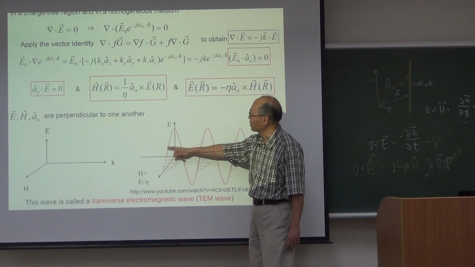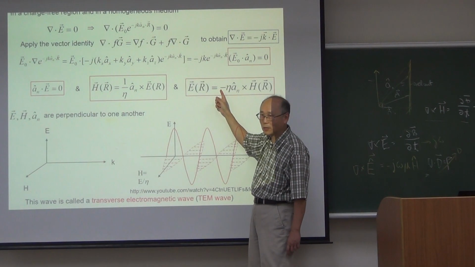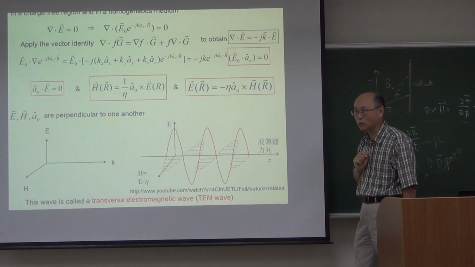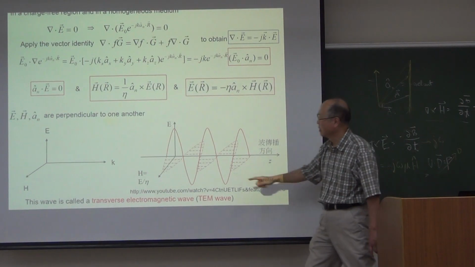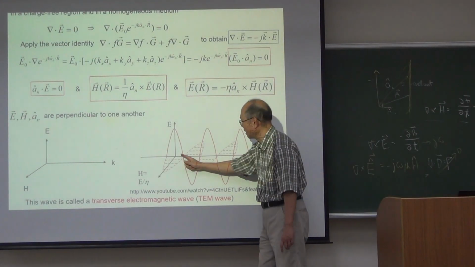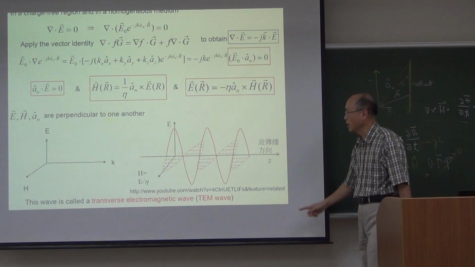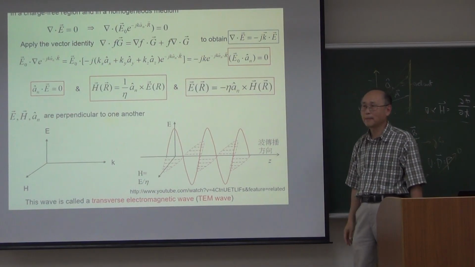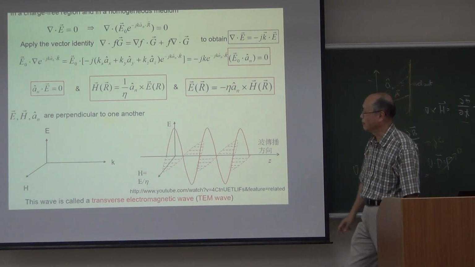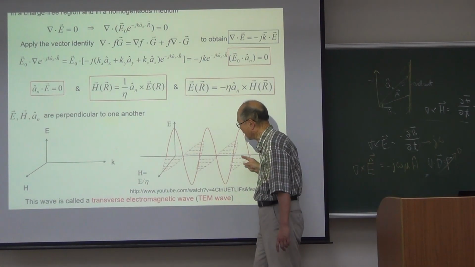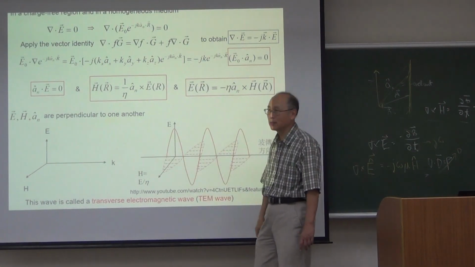Electric field, because we are using phasor notation, so we know that it is oscillating sinusoidally, okay, along this direction, and then we have oscillation of the magnetic field along this direction, and it's propagating along some direction. But if you flip the direction of E and H, then K will also flip the direction.